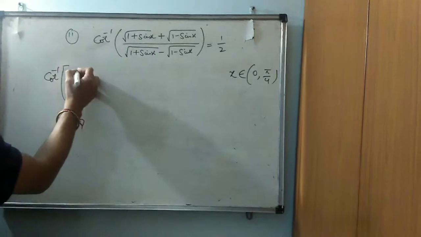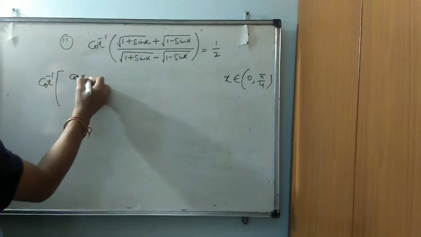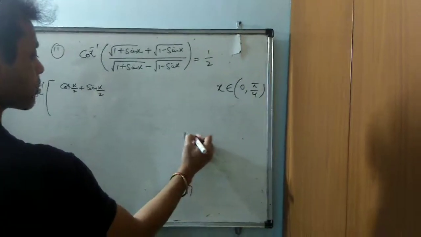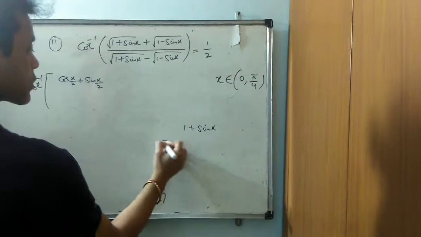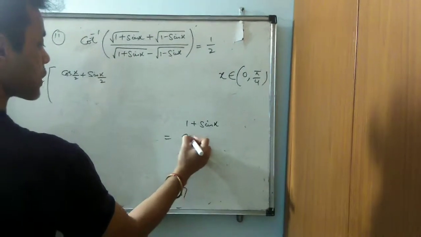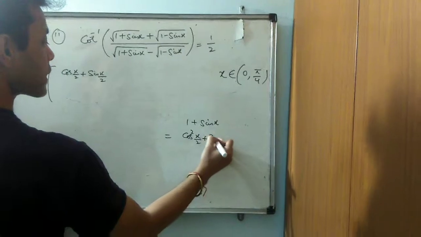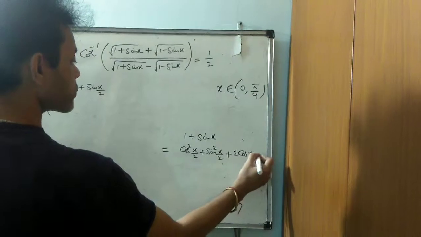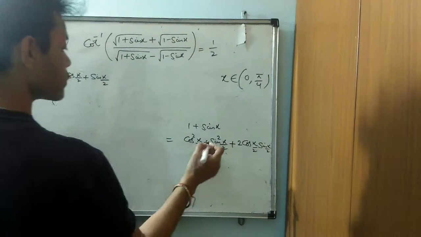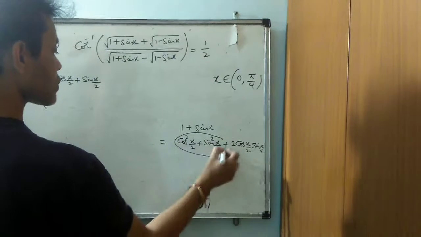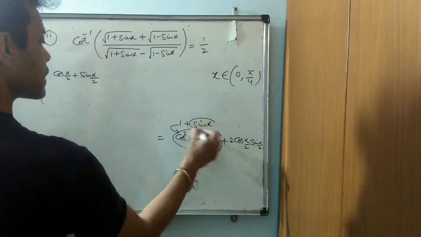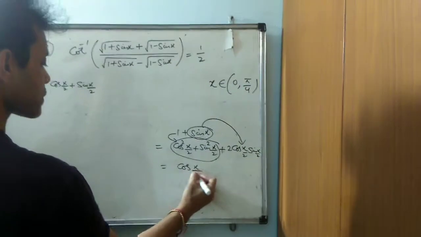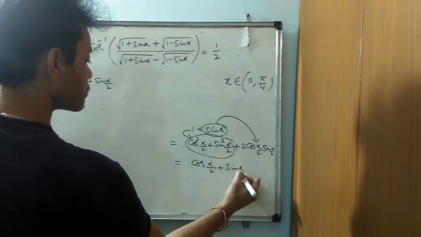1 plus sin x can be written as cos x by 2 plus sin x by 2 whole square. 1 plus sin x is equal to cos square x by 2 plus sin square x by 2 plus 2 times cos x by 2 sin x by 2. 1 is replaced by cos square x by 2 plus sin square x by 2, and sin x by 2 sin x by 2 cos x by 2, which makes it cos x by 2 plus sin x by 2 whole square.